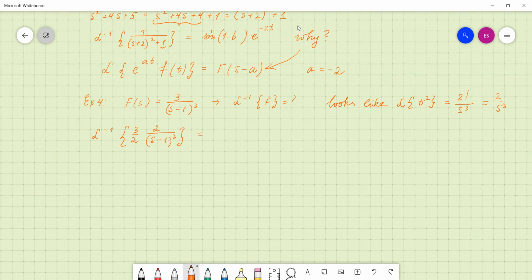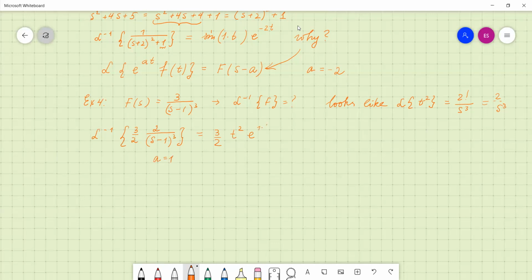So I'm going to put 3 over 2 outside. Now this one is going to produce actually t squared, right? And I have to multiply by an exponential function e to the power of, well, it's supposed to be s minus a according to this formula, right? S minus a. So my a equals 1.